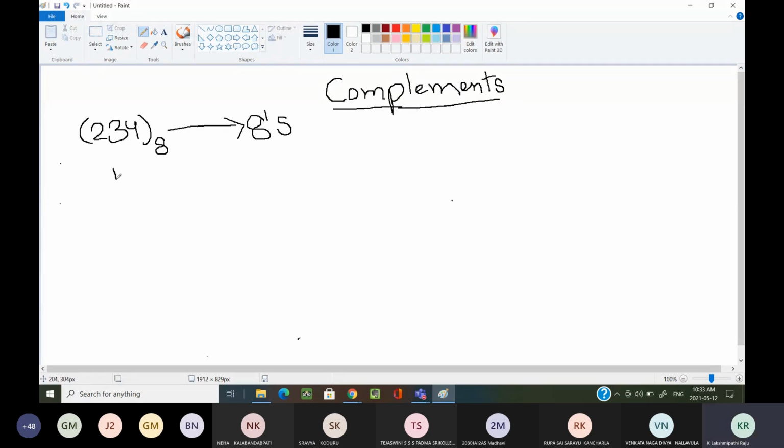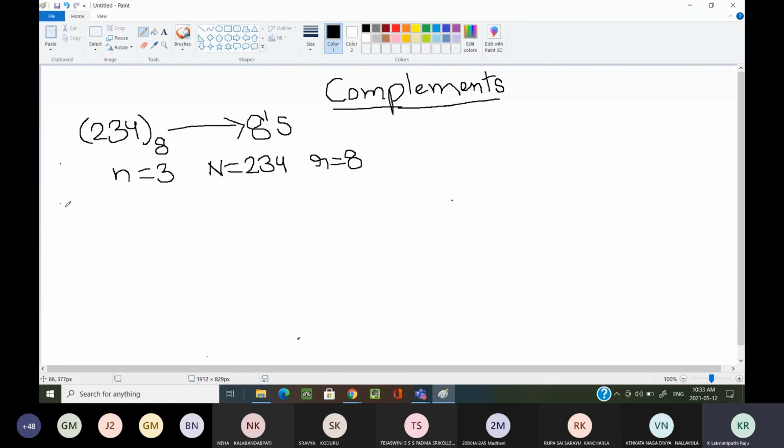The same procedure. Small n is 3, the number of digits equal to 3. Capital N equal to 234. Small r, the radix, equal to 8.